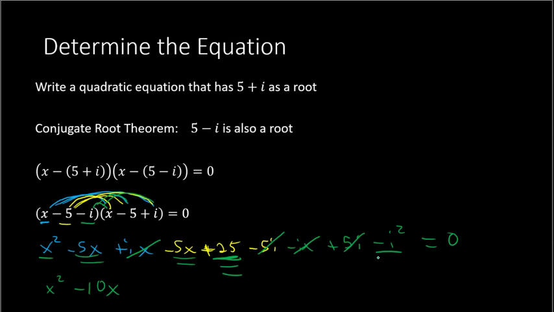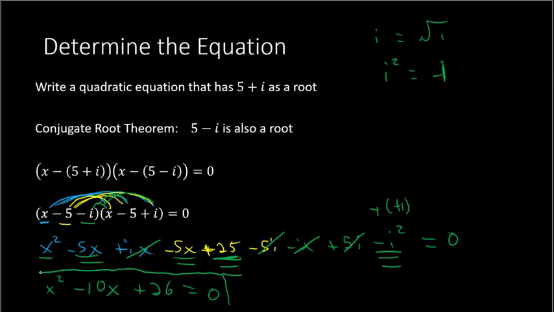And then right here, this negative i squared. Remember, i squared is negative 1, because i is the square root of negative 1. So what we have is minus a negative 1, which is actually a plus 1. So we have 25 plus 1, which would be 26. And all that is equal to 0.